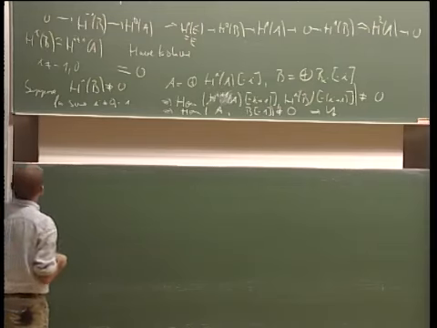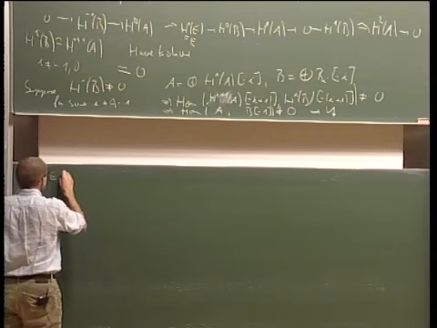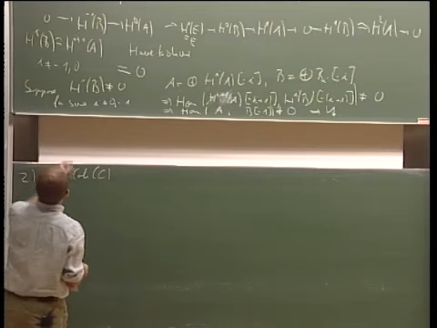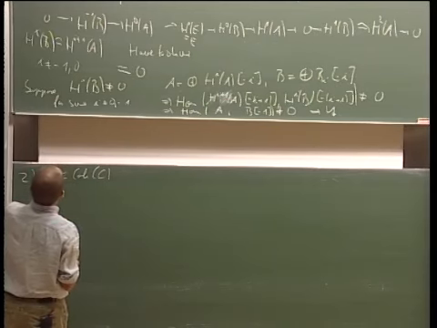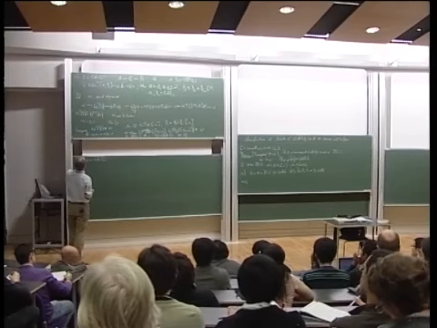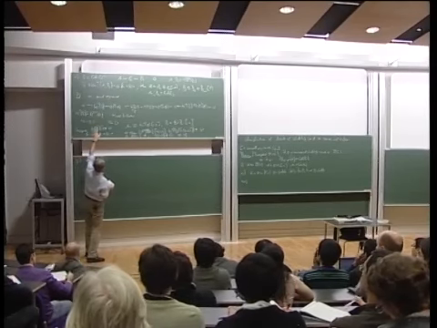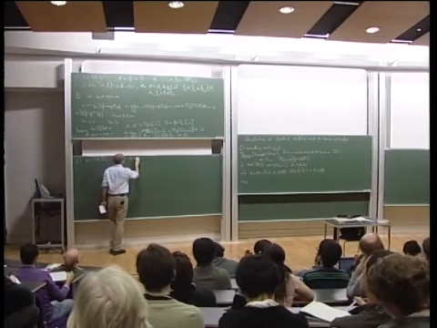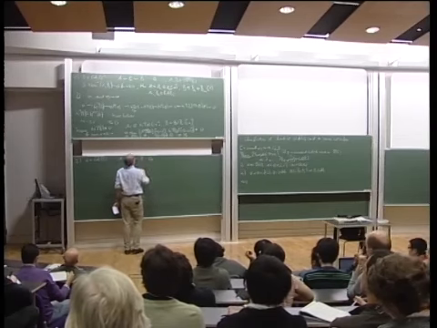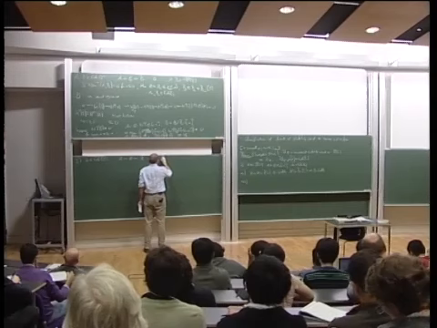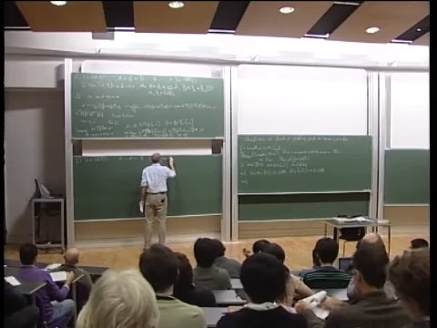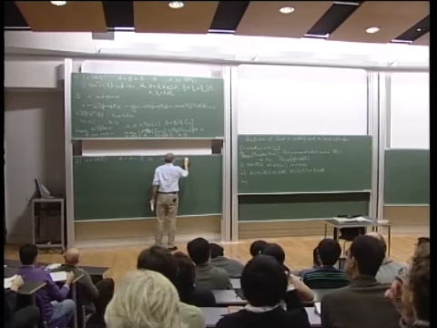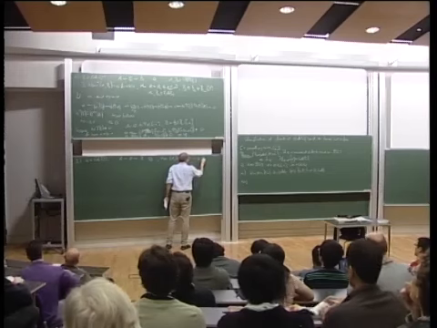So the second claim is the following. In the same situation, I start with a covariant sheaf and I put it in an exact triangle. And now I assume that there are no Ext^i for all i smaller or equal to 0.